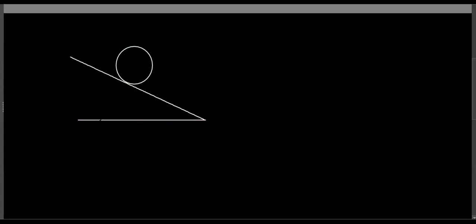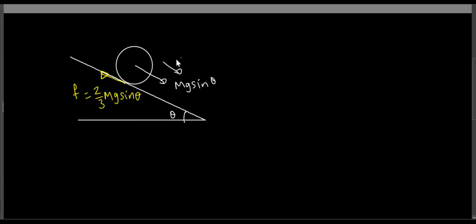If you take the downward case, when it is coming down, mg sin theta is acting downwards and the friction is acting upwards. That friction value is only 2/3 mg sin theta. So the net force is still in the downward direction.